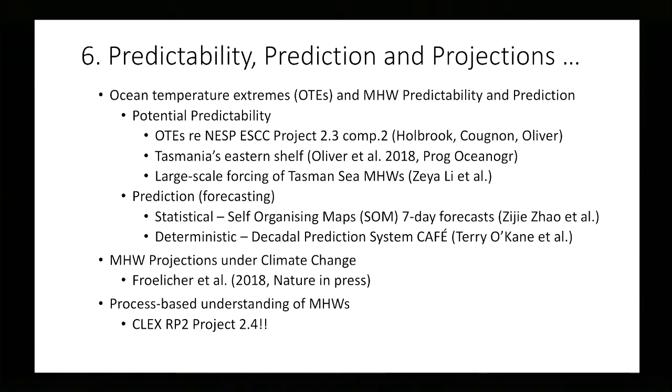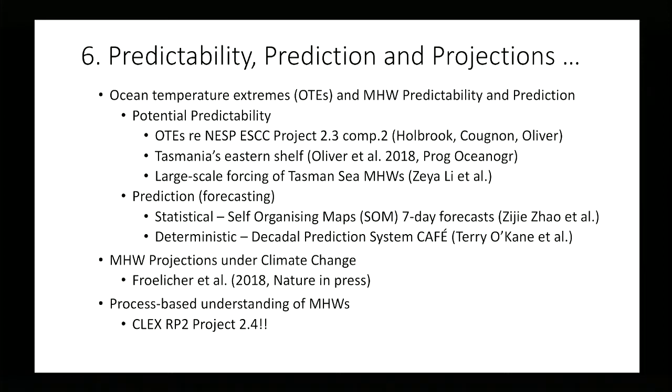And then I just really want to finish off by saying a few things about some ongoing work. I think I'm pretty much on time. So, ocean temperature extremes and marine heat wave predictability and prediction. We're doing some work at the moment on ocean temperature extremes.